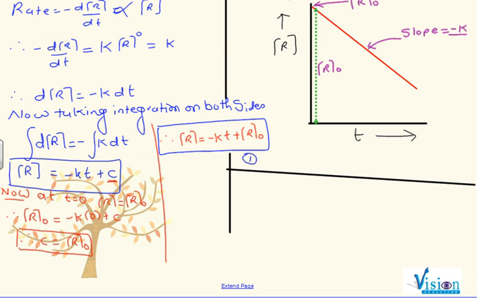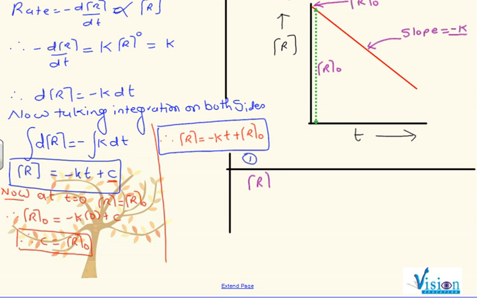Now we have this equation also: R equals to minus kt plus R0.